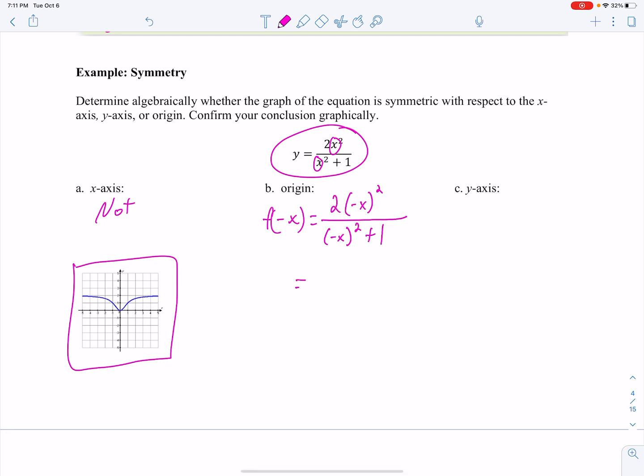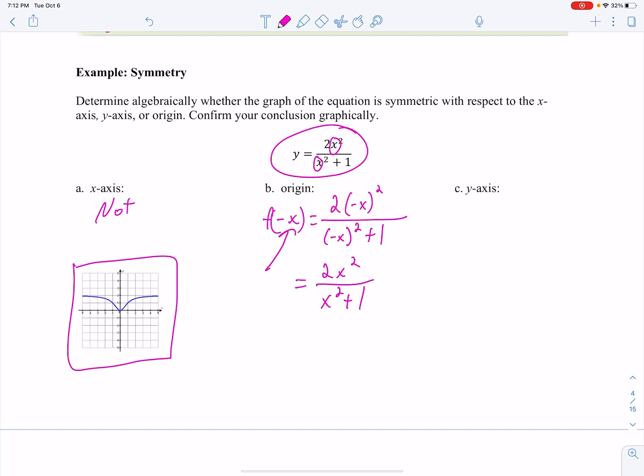So then we use PEMDAS and we simplify, right? We talked about this one before. If the negative is inside the parentheses, it means we square the negative. In other words, negative times negative, which is a positive. So it's 2x squared, same thing in the denominator there, x squared plus 1. All right, so notice what happened.